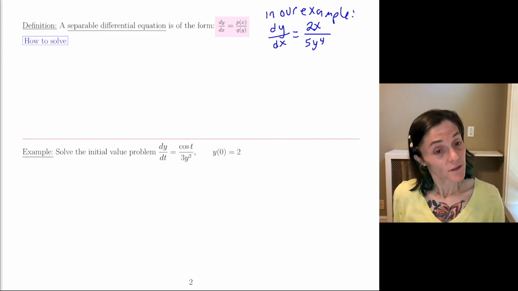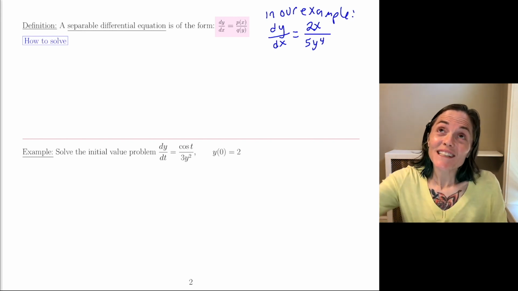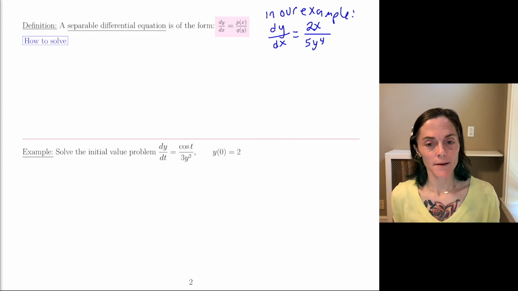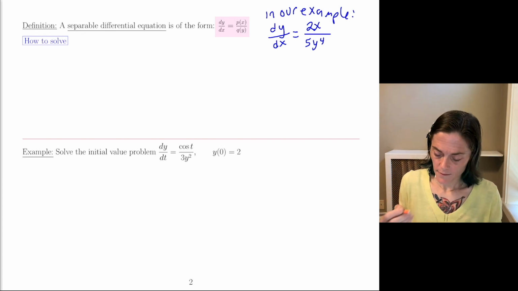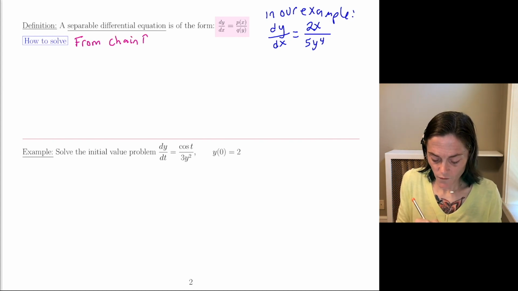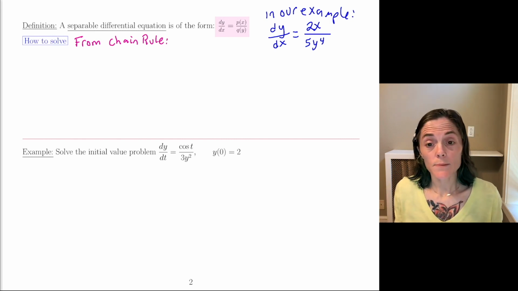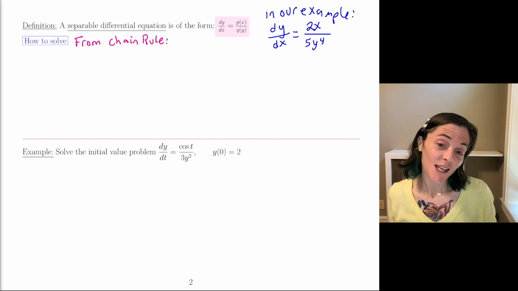Now, how to solve? Well, really, you could go through the chain rule every time, but we can remember a shortcut. So from the chain rule, which is really where this comes from, what you want to do is multiply both sides by q of y.